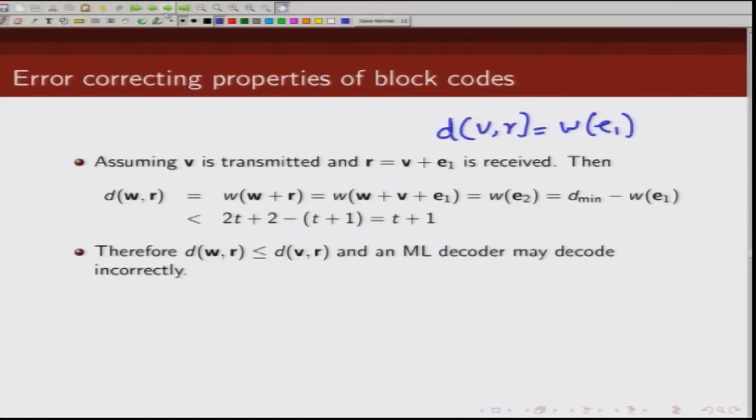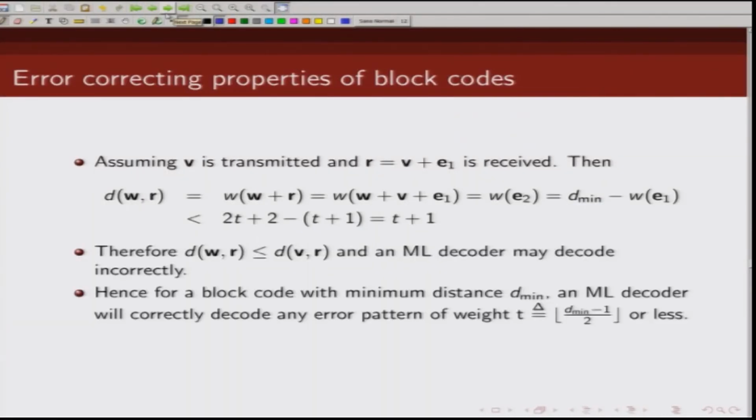So, what we have shown here is that the Hamming distance between W and R is less than t plus 1, whereas the Hamming distance between V and R is greater than or equal to t plus 1.